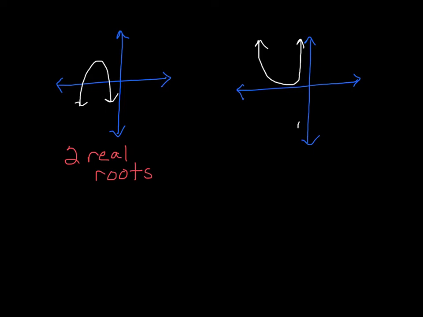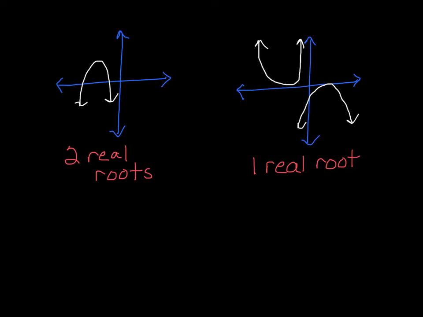It could sit on the x-axis curved up or curved down, but that means there's only 1 real root. This is when the discriminant is equal to 0.